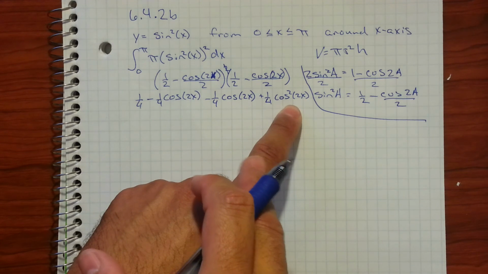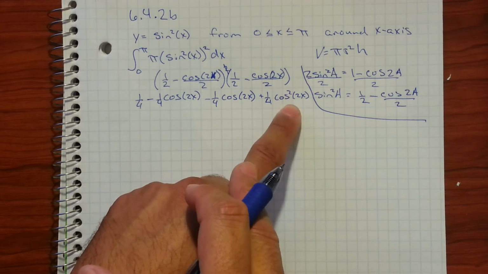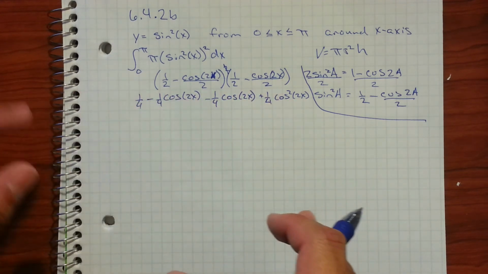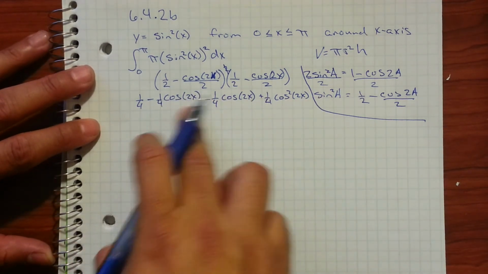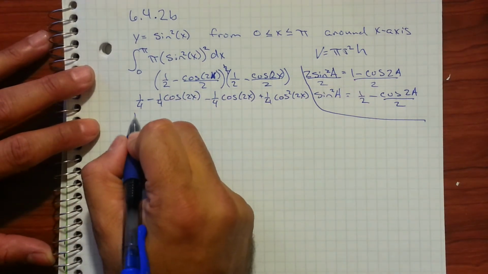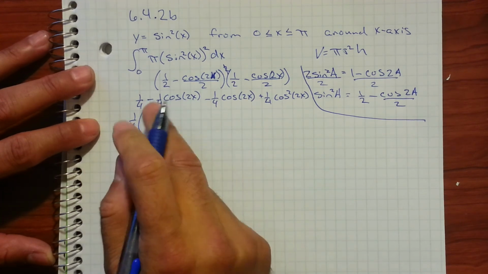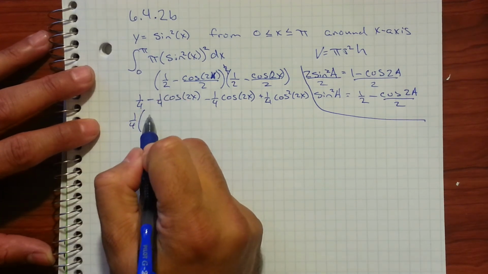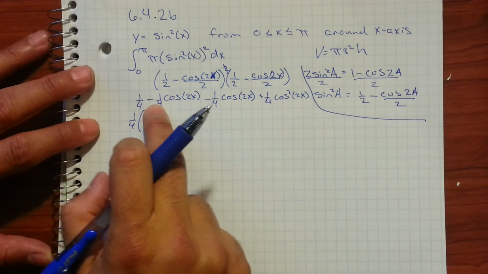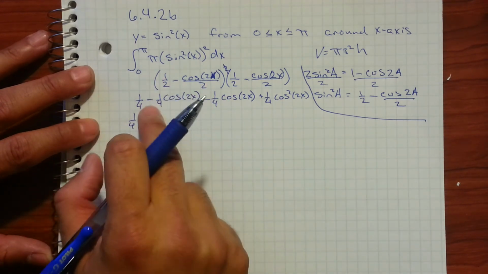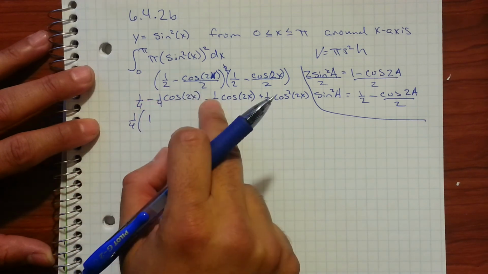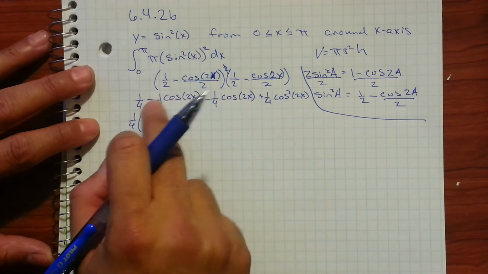Okay, so for this one right here, I have cosine squared again. So let's go ahead. I'm going to factor out the 1/4 as I combine my like terms. So I'm going to take out a 1/4, and I'm going to be left with 1. Now I have right here like terms. If I take out the 1/4, this was a negative 1/4, negative 1/4. It would have been negative 2/4.